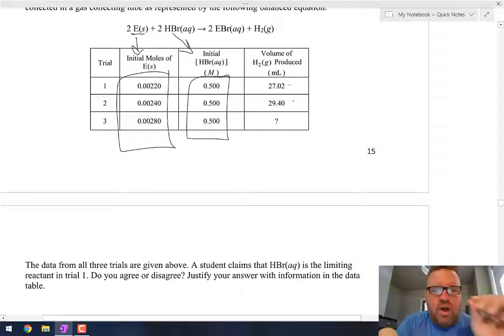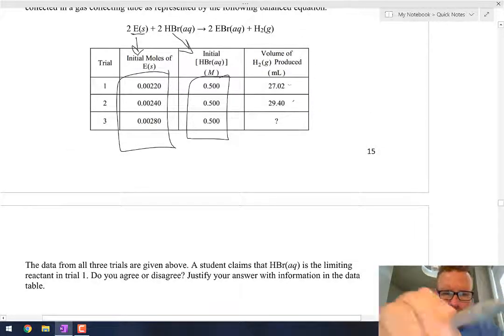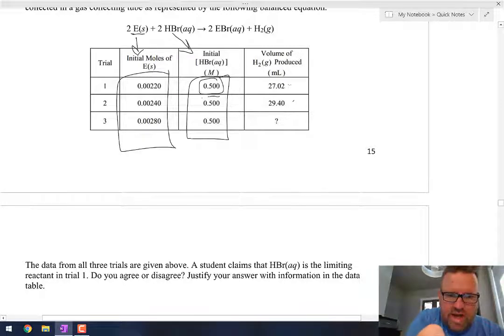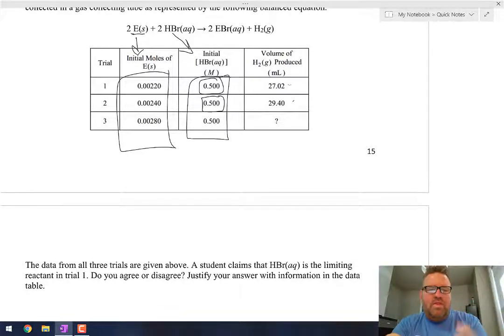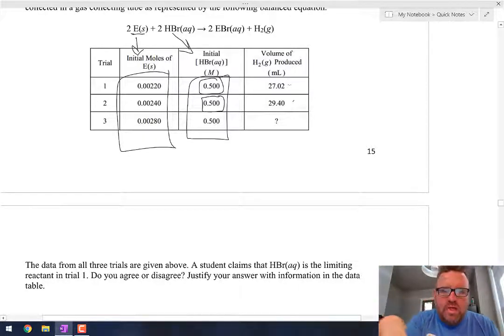If HBr were the limiting reactant and you started with the exact same amount of HBr in both trials, that would mean that when HBr ran out, the reaction would stop. And if that's true, then your volume of H2 would be the same for both trials.